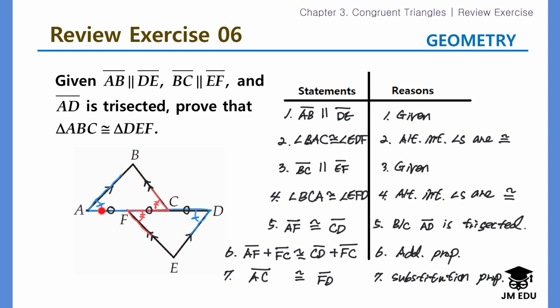So by angle, side, angle, we can conclude that these two triangles are congruent by ASA congruence, right? So number 8, triangle ABC is congruent to triangle DEF. Reason is ASA congruence, right?